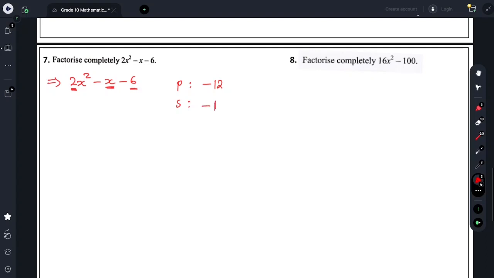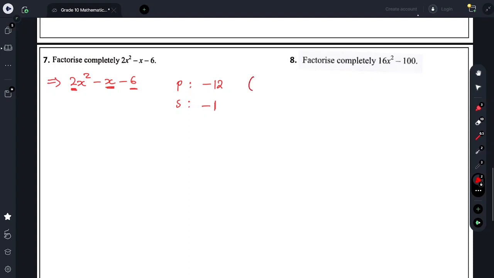Now, once you determine these two, you need to look for two numbers, which when you multiply them, you will get -12. And when you add them, you will get -1. So you need to look for two numbers. When you multiply them, you get -12, because that's what it means by product. And when you add them, you get the sum, because that's what it means by the word sum.